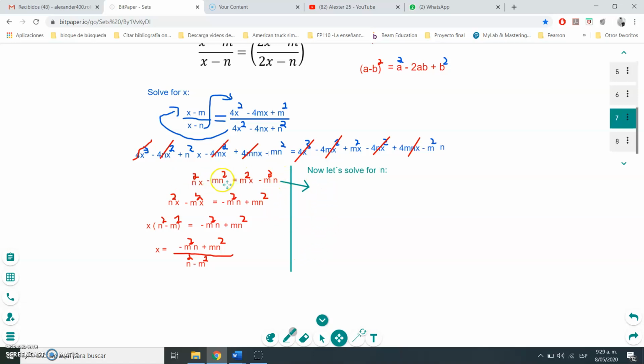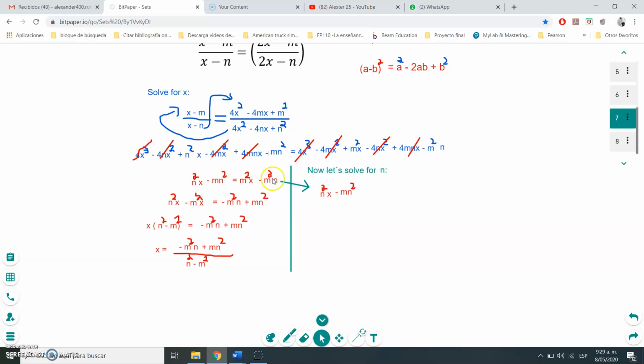Okay, so let's see. All the terms that have the letter n will come to the left, so this term will stay here, this also stays here, it doesn't change, because both of them have the variable n. And what about this?